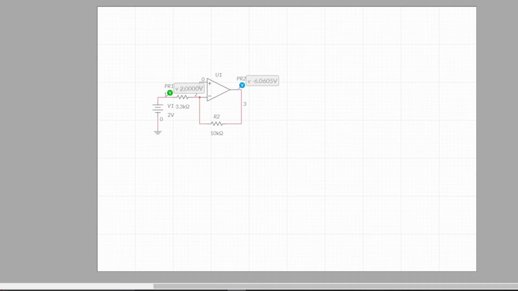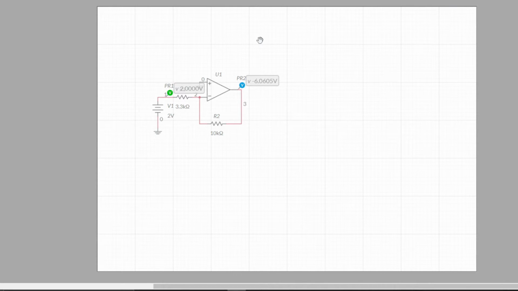Just going to run it. And as we expected, we got 2 volts in, output negative 6.0605 volts. So our calculations are correct. And this is just to show what we could do with an inverting amplifier.